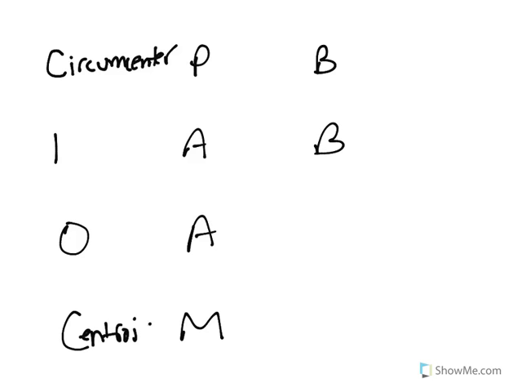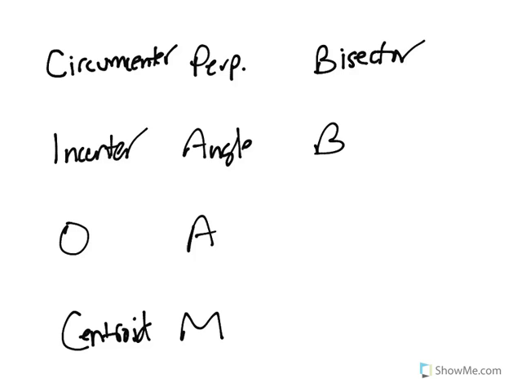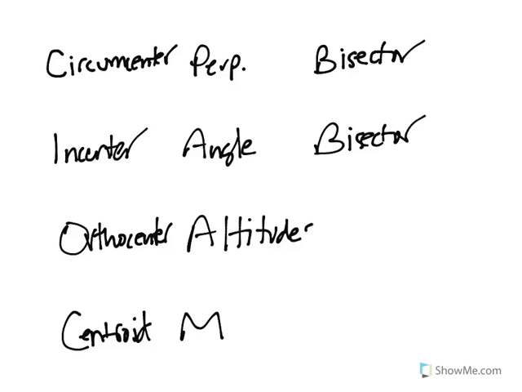Centroid comes last. So this is a perpendicular bisector. This is an incenter and is an angle bisector. This is the orthocenter, and orthocenters deal with altitudes, and centroid is a median.